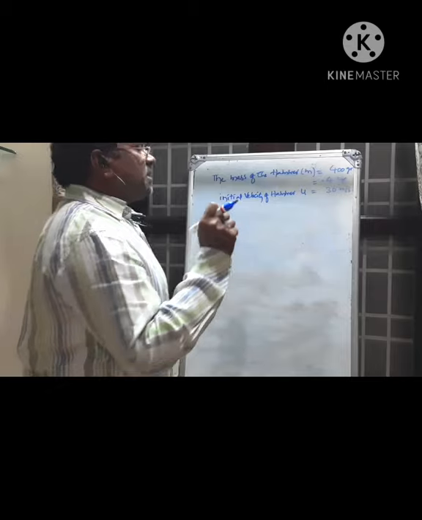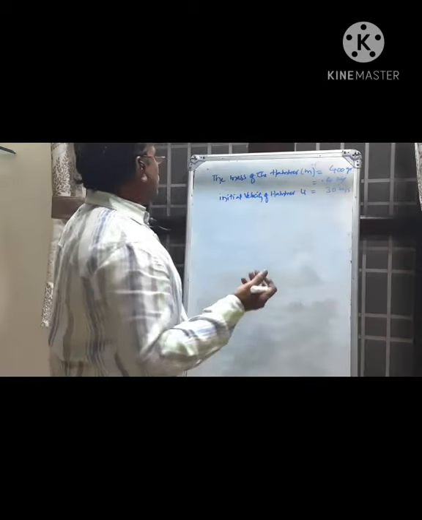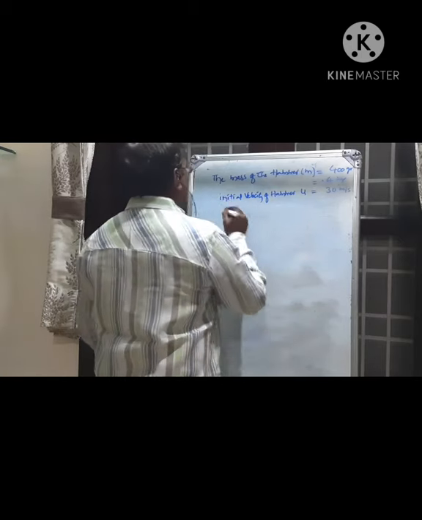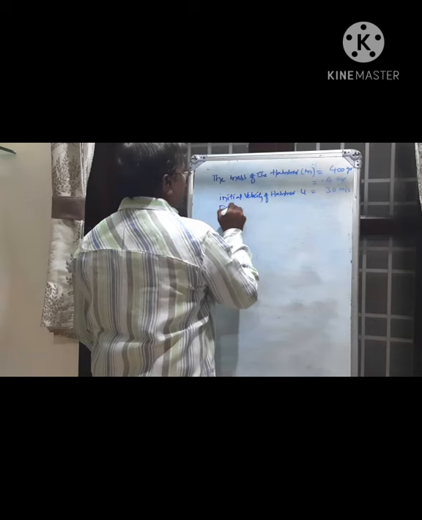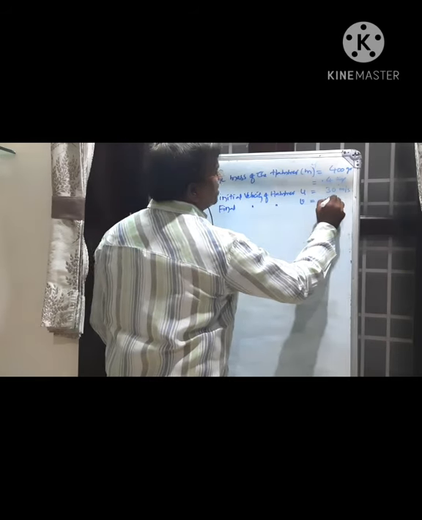When the hammer touches the nail, the velocity becomes 0. Then the velocity of the hammer becomes 0. That is the final velocity of the hammer, that is v is equal to 0.